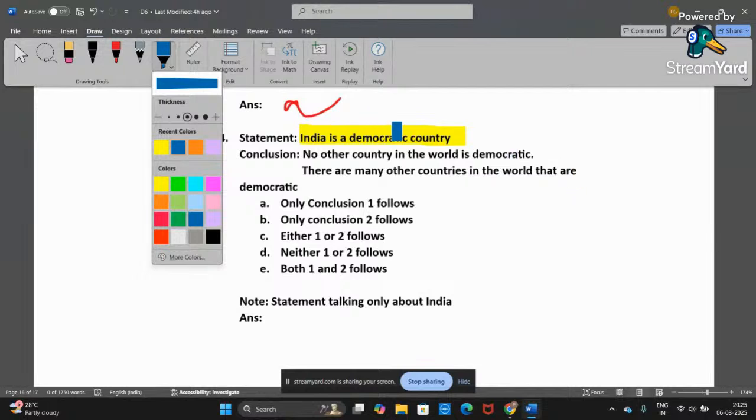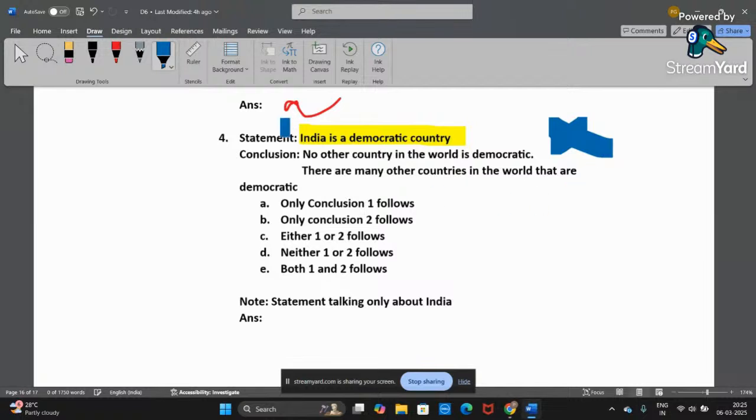In the statement, they're only telling that India is a democratic country, but in the conclusion, no other country is mentioned in the statement, right? So this is wrong. Even here, except India, they did not mention any other country, but in conclusion 2, they're telling about many other countries. So this is also wrong.